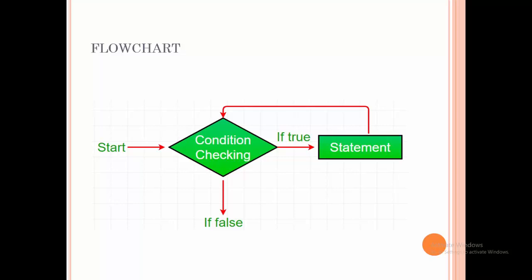When the condition becomes false, the loop terminates, which marks the end of its life cycle. So when the condition becomes false, it will automatically go out of the loop.